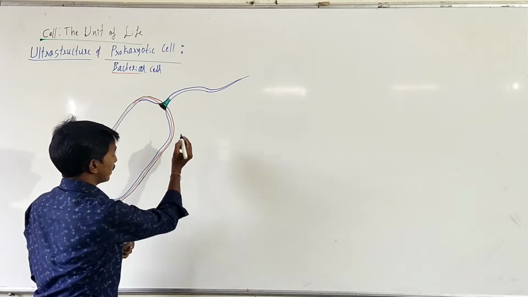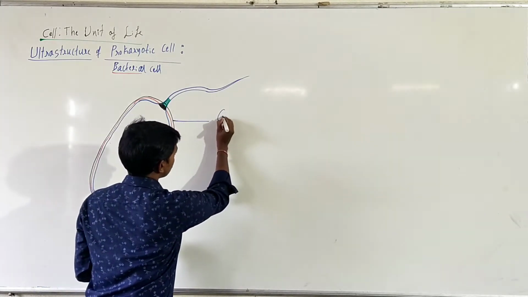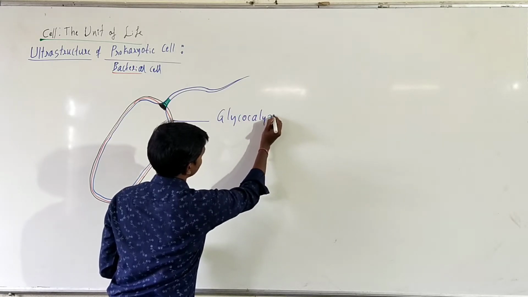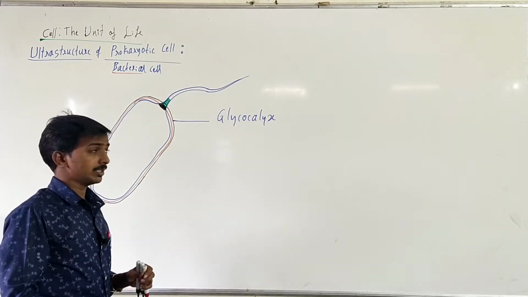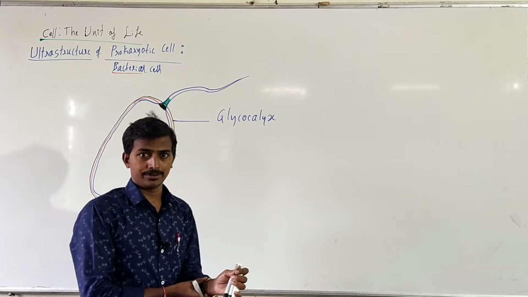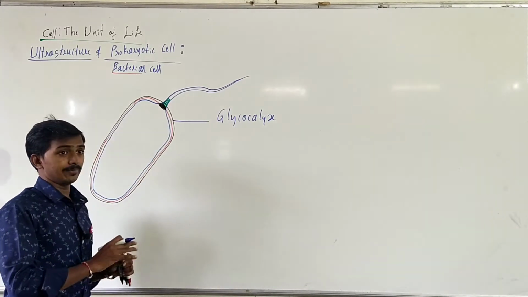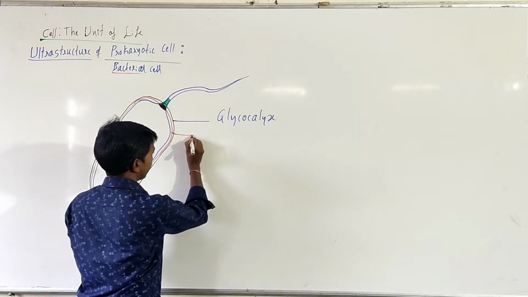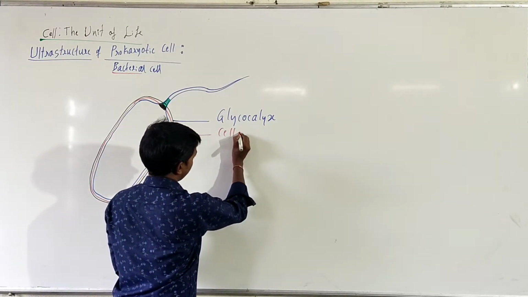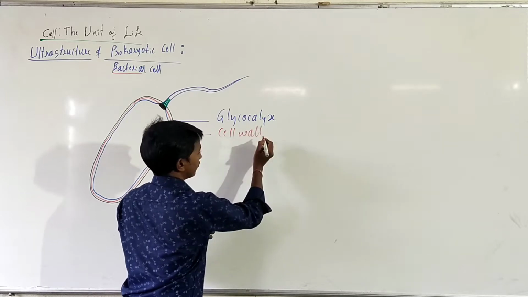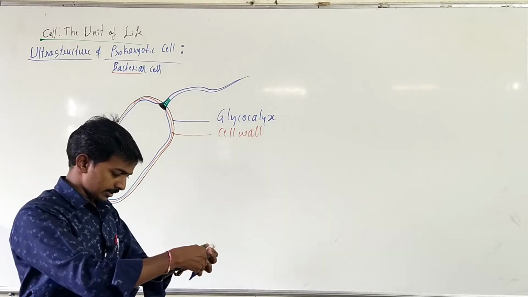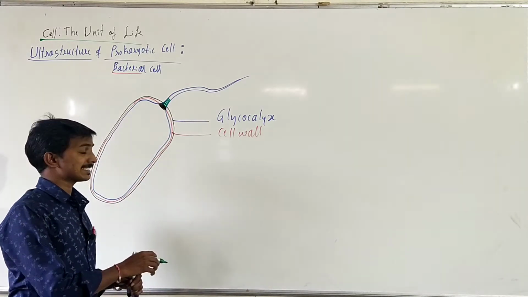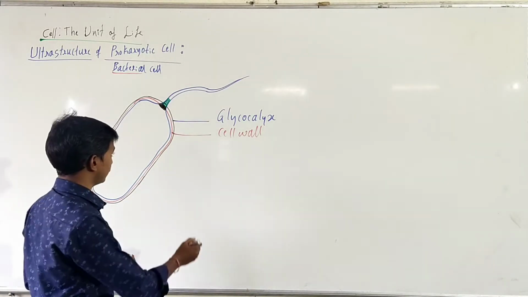The outermost layer is the glycocalyx, being the outermost layer of the cell envelope. Then the second layer is the cell wall.